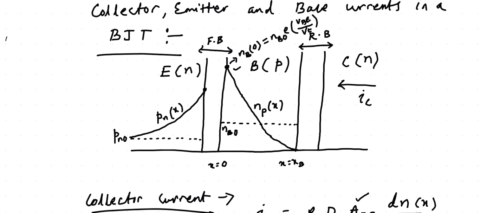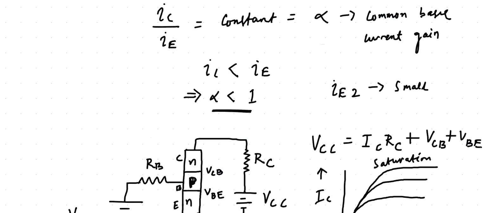If you remember, this was the IE2 we considered. So the component of emitter current IE2 is a base-emitter junction current. This current is also a component of base current, IB1. So we will consider that IE2 as one of the components of the base current. So IE2 is your IB1.